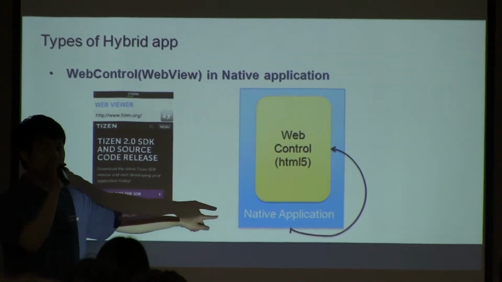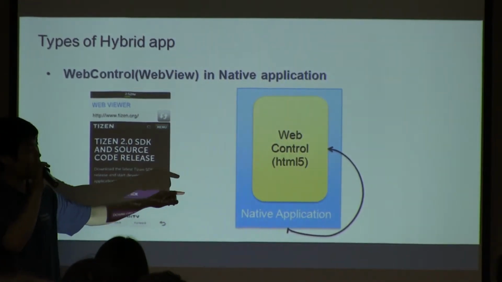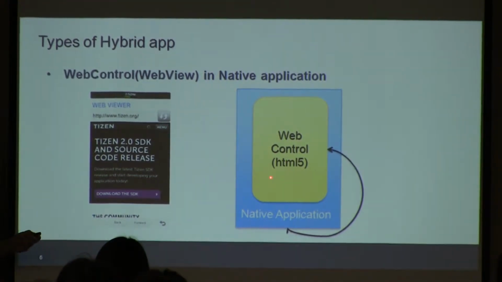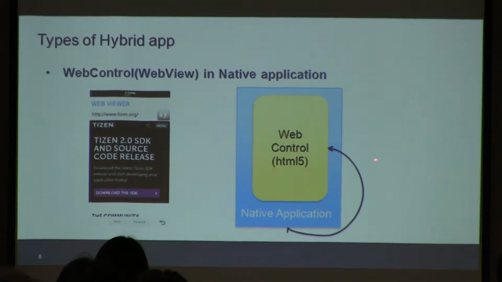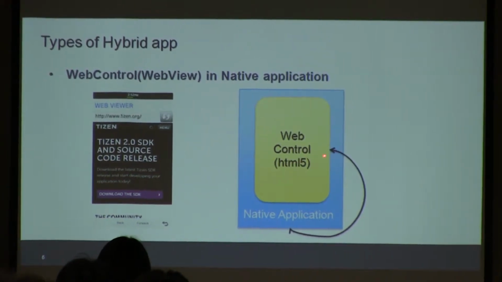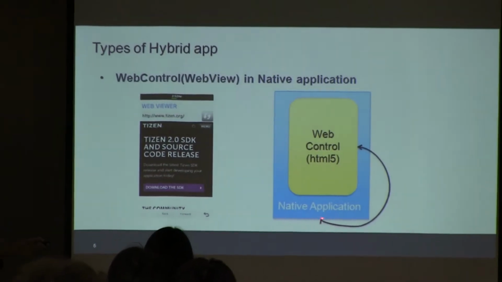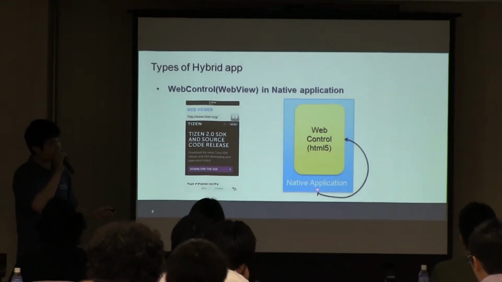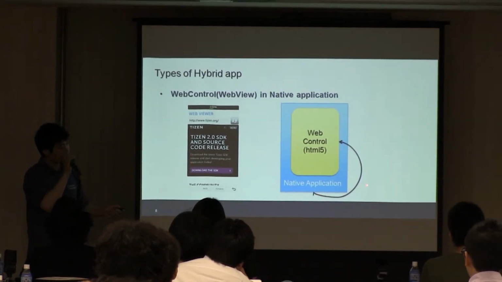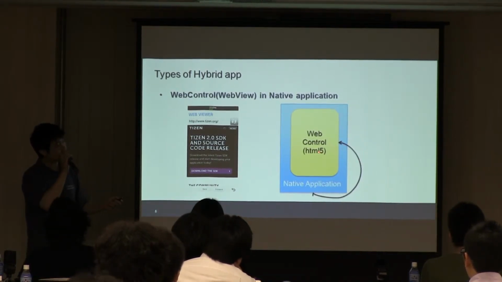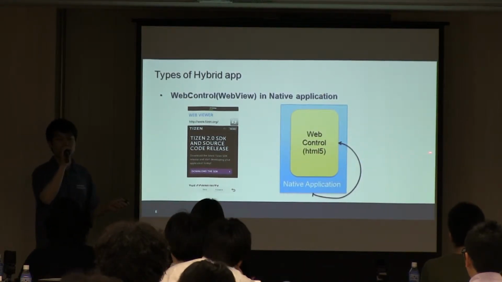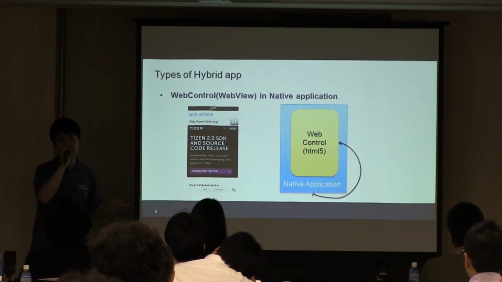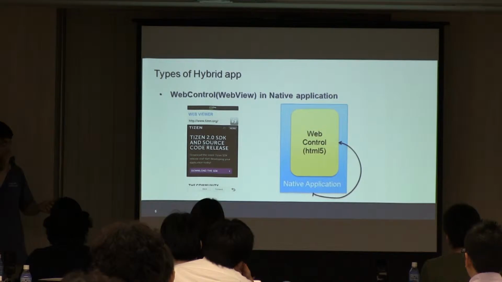In this case, your HTML5 or JavaScript code can call the native application's functions. Also, the native application can inject JavaScript into the HTML5 logic. So you can have this interaction.